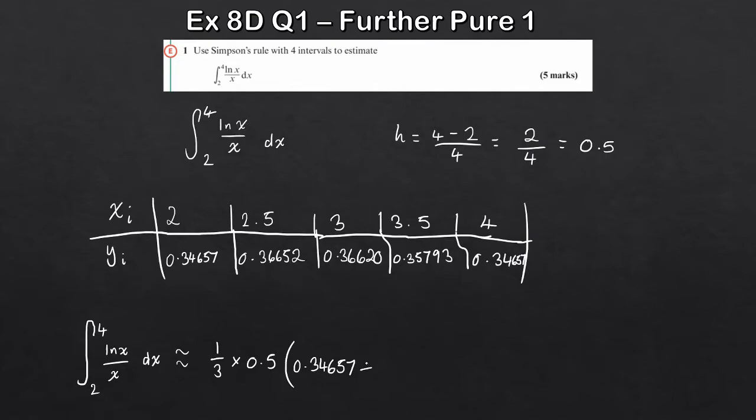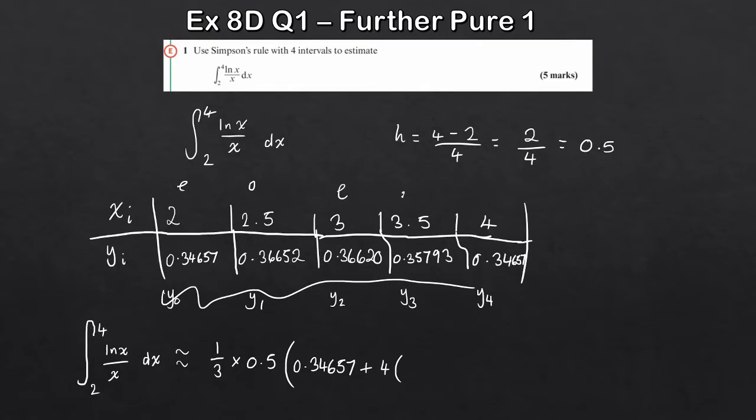We add 4 lots of the odd terms. If you're unsure how to work out the odd ones, this would be y0, this would be y1, y2, y3, and y4, for example. If it helps, think of it as even, odd, even, odd, and even again.